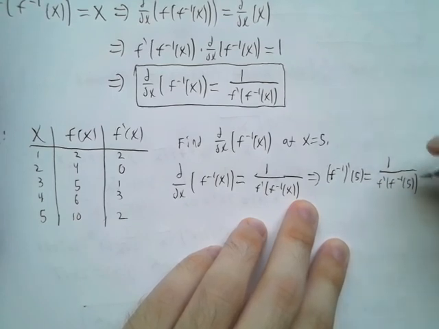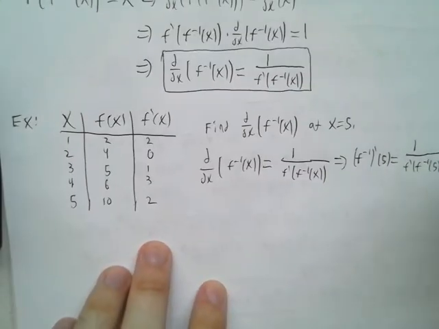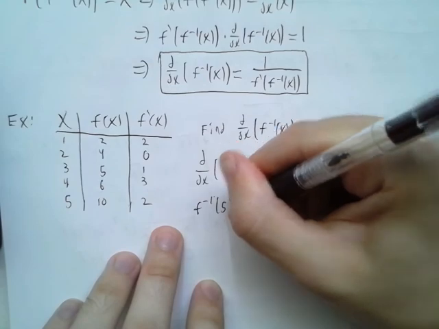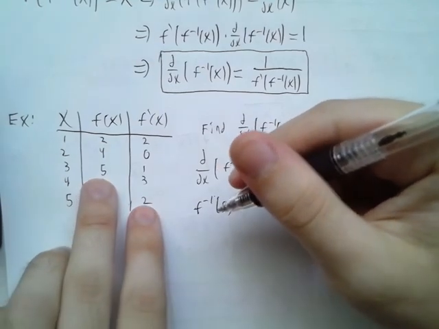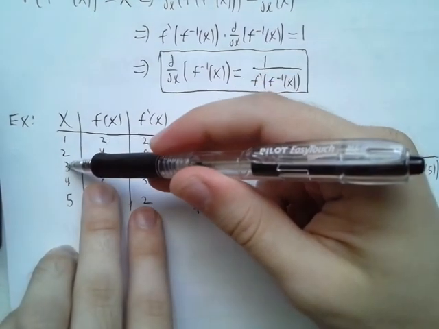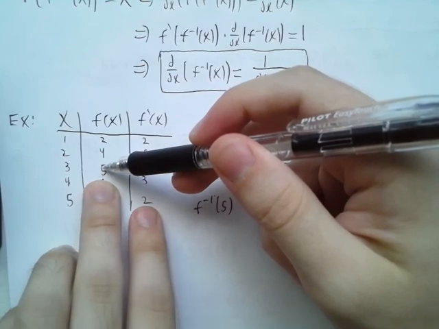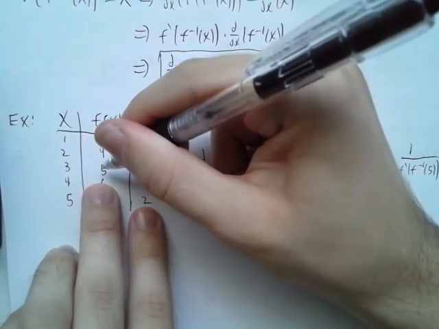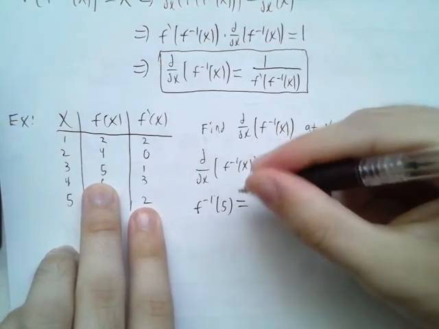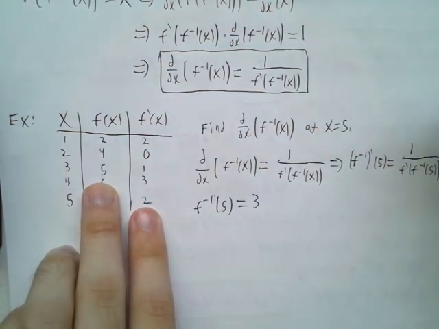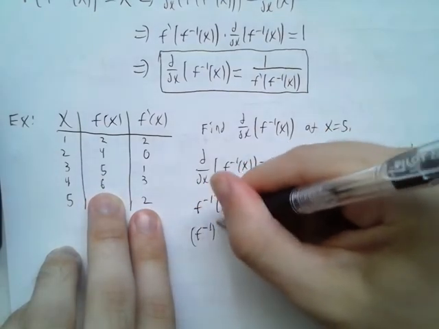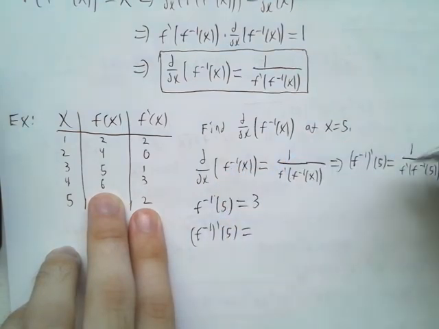So if we want to find this value, we first have to find f inverse of 5. Well, if we look at what value of x makes f of x equal to 5, that value is equal to 3 based on this table here. So f inverse of 5 is equal to 3. So therefore, f inverse prime of 5, if we just plug this in, is 1 over f prime of 3.